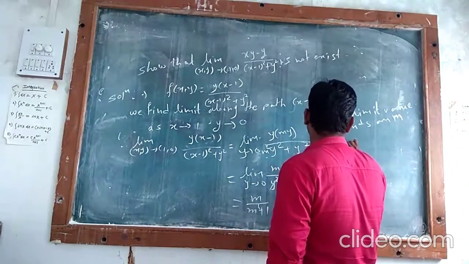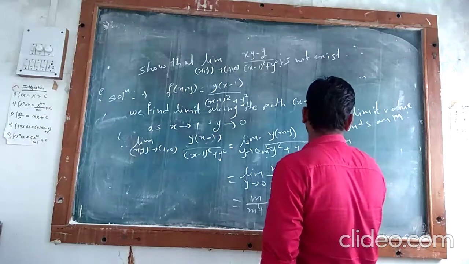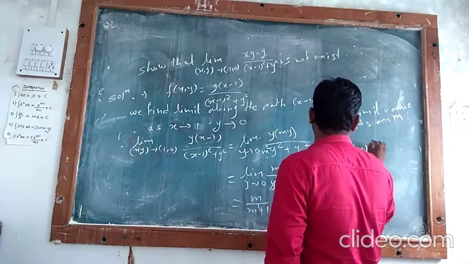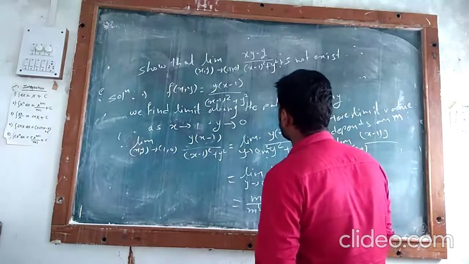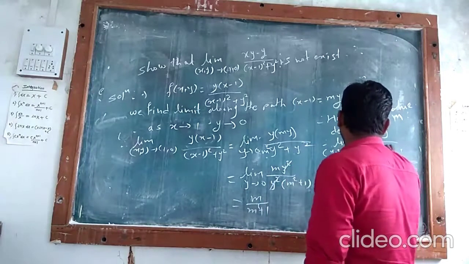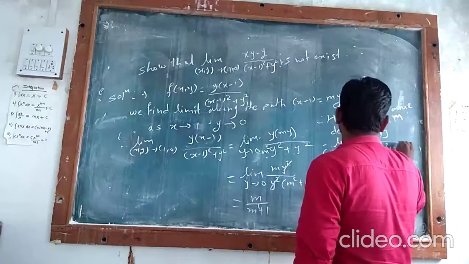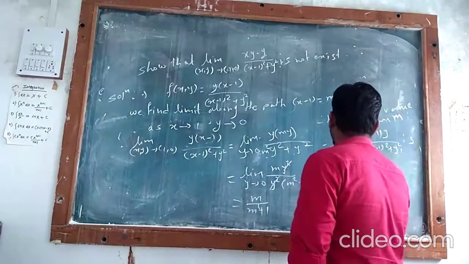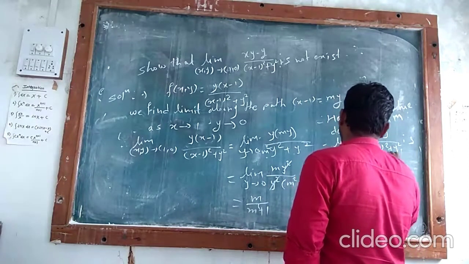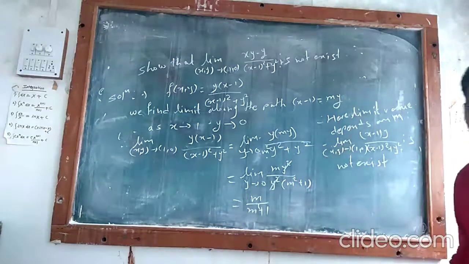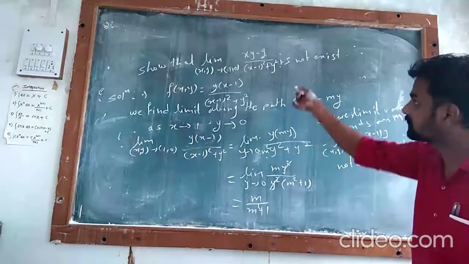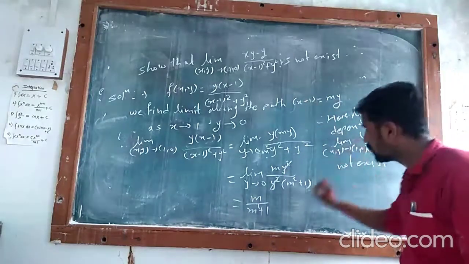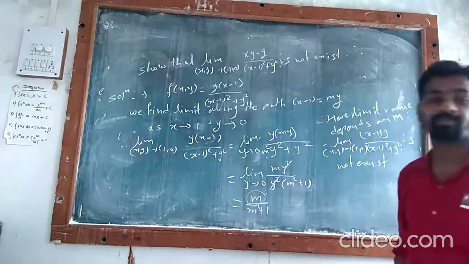Therefore, the limit as (x, y) tends to (1, 0) of (x minus 1) y upon (x minus 1) square plus y square does not exist, because the limit value of this function depends only on m, that is, the path.